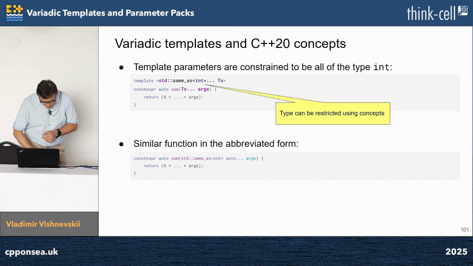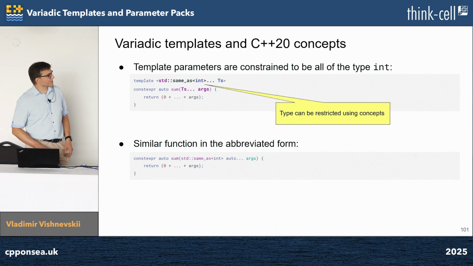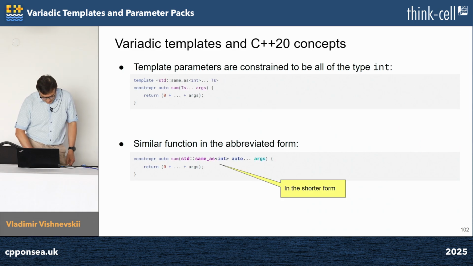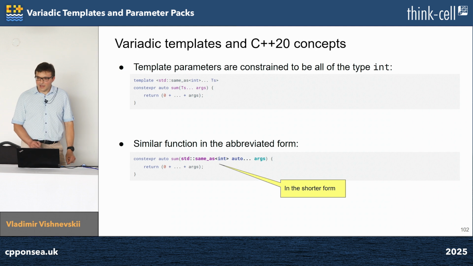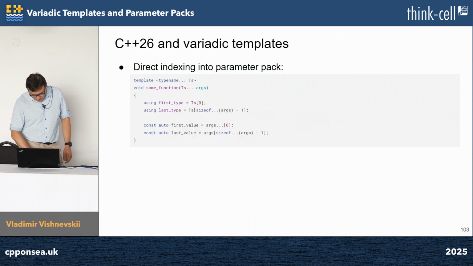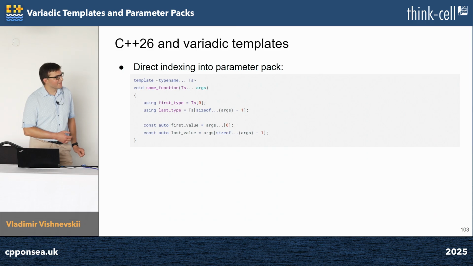Okay, let's go further. Yeah, so we just restrict it to be int using concepts. And it's even shorter in the abbreviated form. Really, in the abbreviated form it looks very nice, I think.